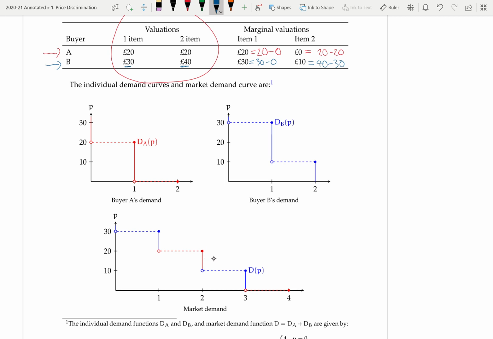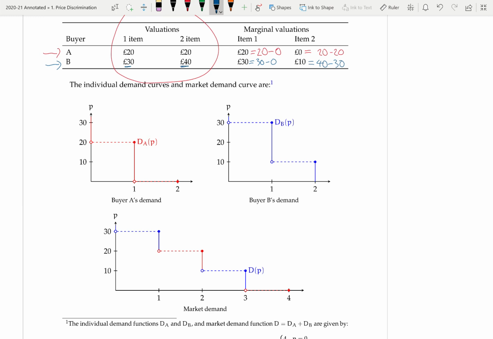And then when the price drops below 10, buyer B will want to buy 2 units, and buyer A still wants to buy 1 unit, so the demand will be 3. The demand could possibly only be 4 units if the price is 0, so that possibly buyer A wants to buy something. Just to note, in these demand curves, I've assumed that if the price is equal to the marginal valuation, then the consumer will buy that unit.